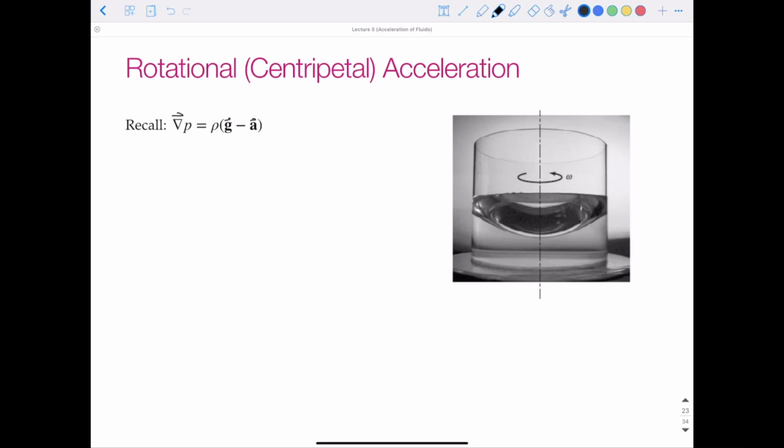So for cylindrical coordinates, let's draw a bit of a top view of our cup. Let's imagine it as a cylinder. So going straight up the center of our cylinder is our z-axis.